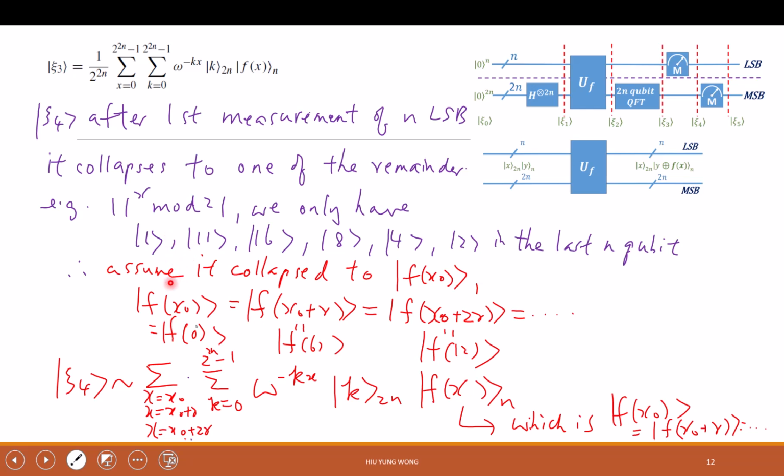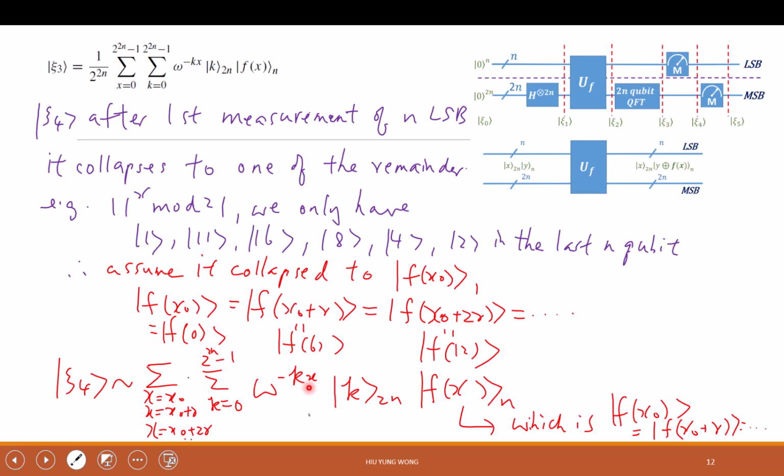Let's say f of x0 equals 1. So what are the x that can give you f of x equal to 1? 0, 6, 12. Very good. So what I'm trying to say is that this is 1 because f of x equals 1.